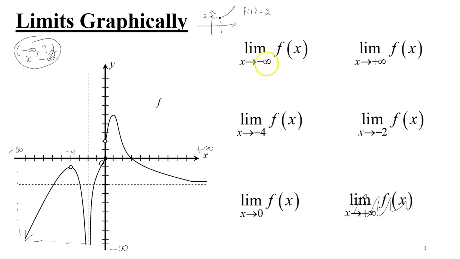So the limit when x is approaching negative infinity of f of x is negative infinity. Again, as you project on the curve and read the corresponding value of y, since the curve here keeps on going infinitely downwards, then when x is negative infinity, y is also negative infinity.